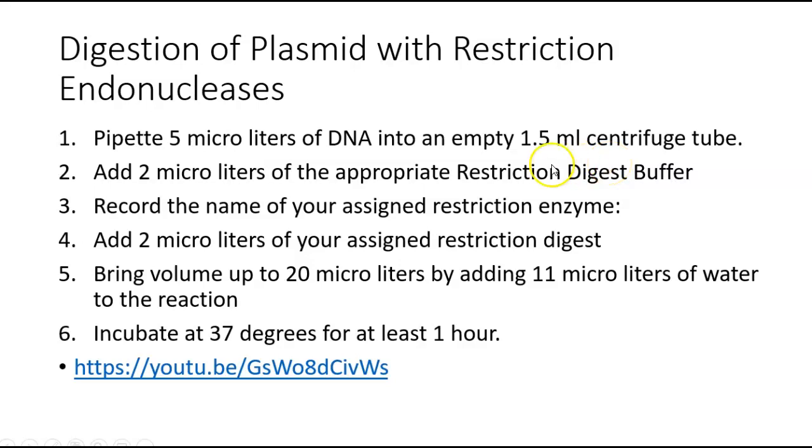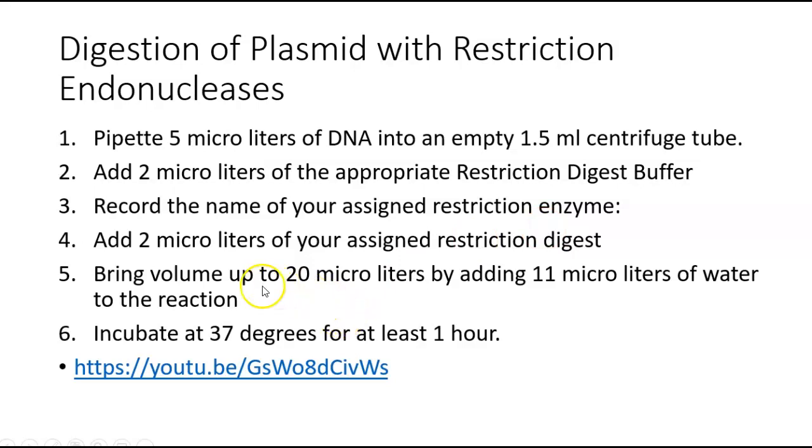You're going to add the appropriate restriction digest buffer. You're going to write down the name of the restriction enzyme that you're going to be using. And you're going to add 2 microliters of your assigned restriction digest. Again, it could be any, it depends on what you're assigned.